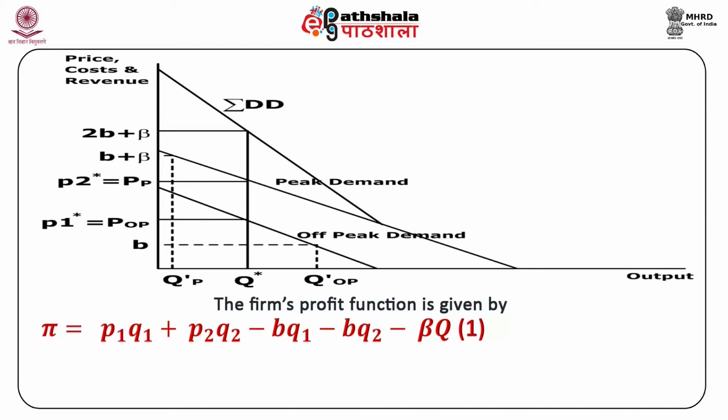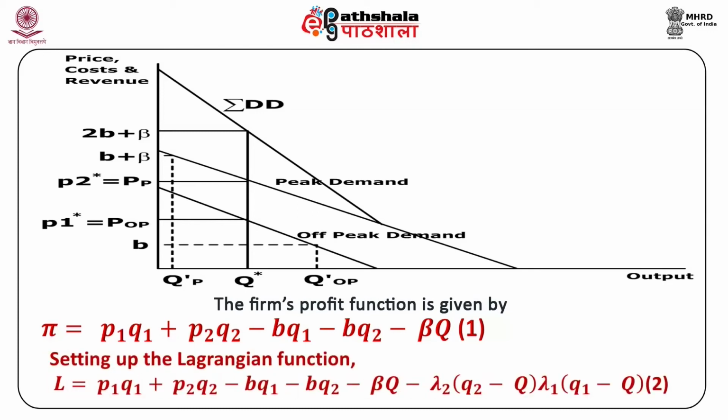This is equation 1. Setting up the Lagrangian function, L is equal to P1 Q1 plus P2 Q2 minus bQ1 minus bQ2 minus beta Q minus lambda 2 into (Q2 minus capital Q) minus lambda 1 into (Q1 minus Q), which is equation 2.